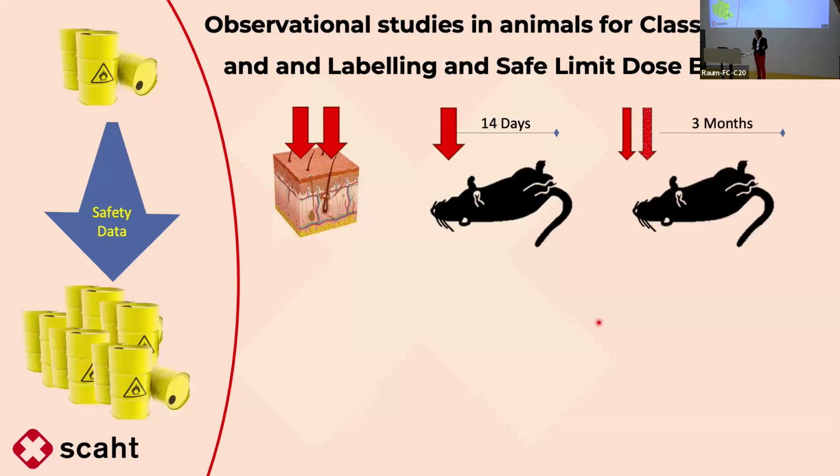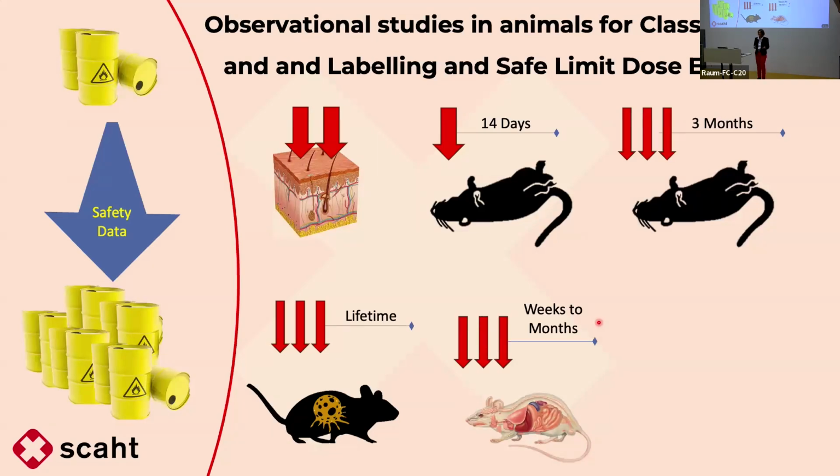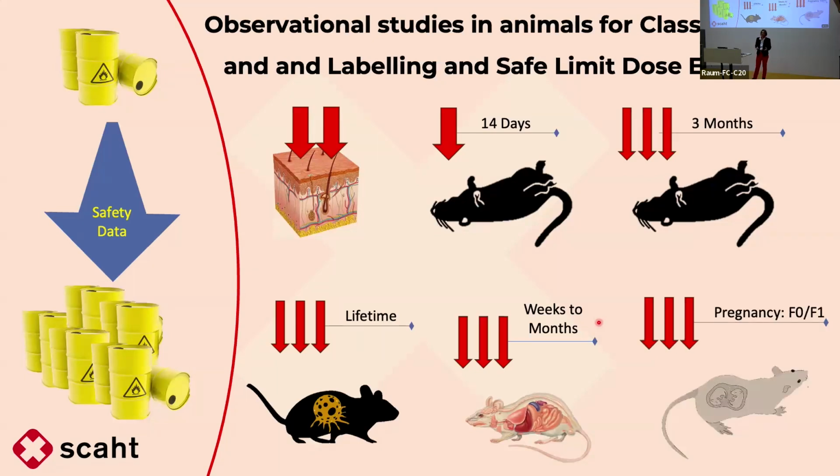Then you have repeated dose chronic toxicities, also to determine lethal doses. Then you have lifetime exposures for carcinogenicity. Then you have the organ toxicity that also takes weeks to months. And then you have the reprotoxicity, where you look at the pregnant animals for the reproduction, the development, and then also sometimes the F1 generations.